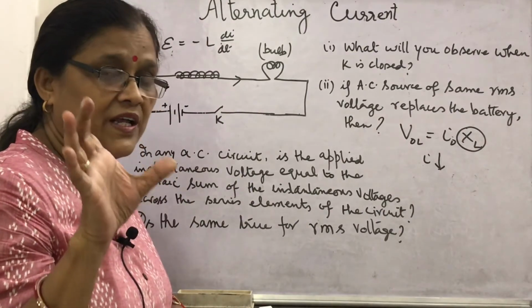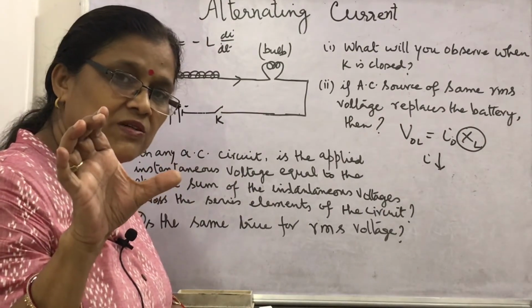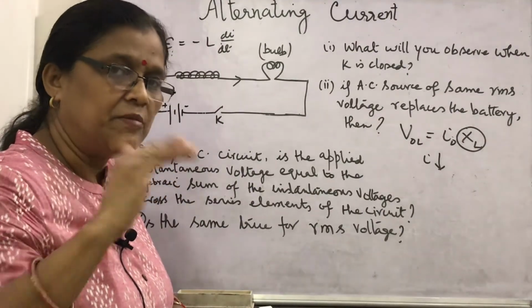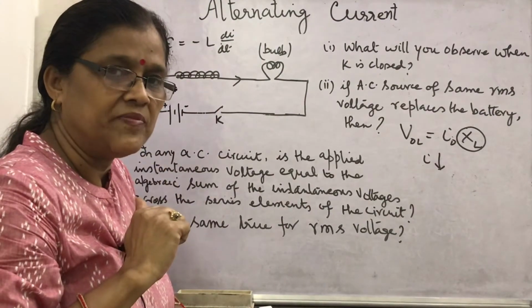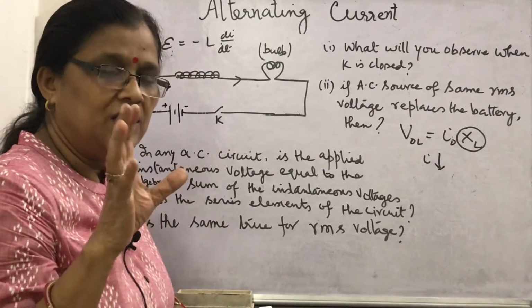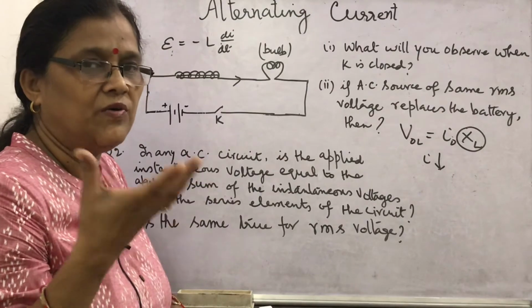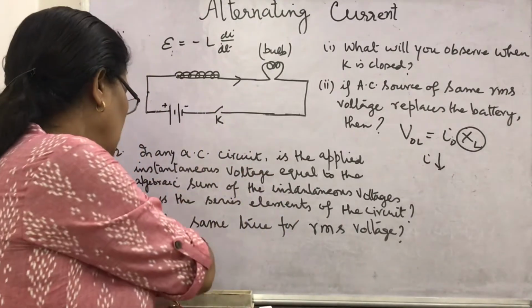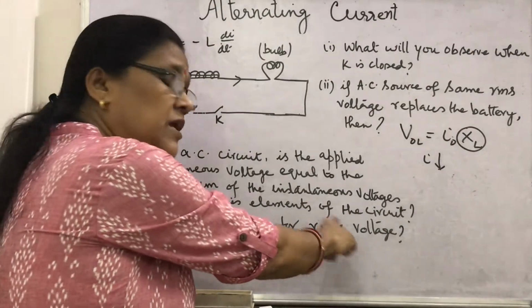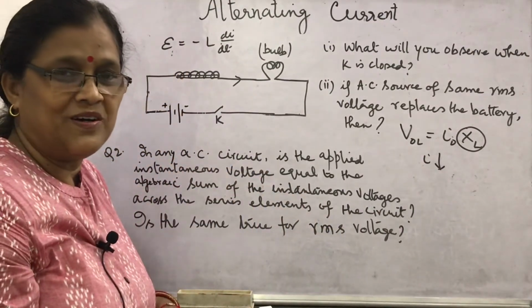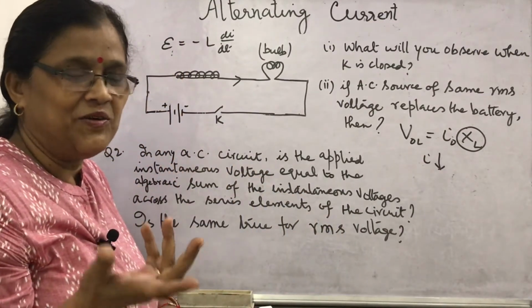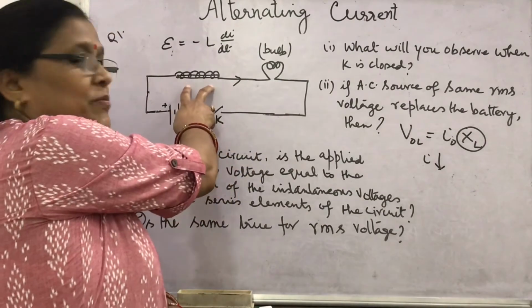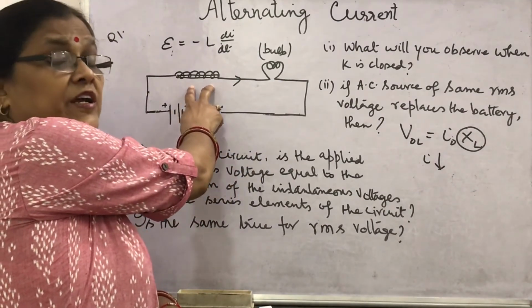That's why we find the net voltage and current by drawing the phasor diagram. So that will be the instantaneous value. For instantaneous value, yes, it will be true. Is the same true for RMS voltage? No, because of the phasor. Voltage across the coil will be 90 degrees leading to the current.